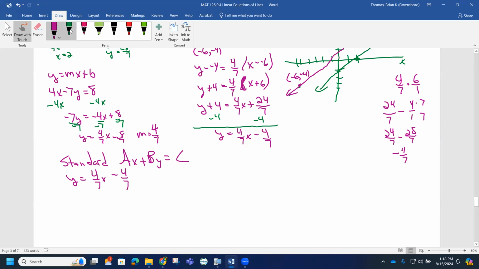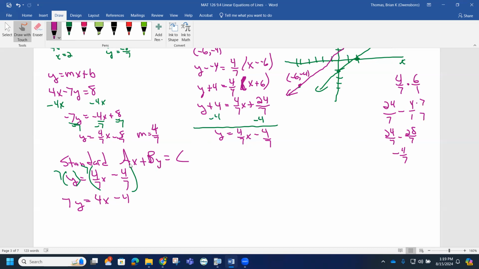So I'm allowed to use the property of equality and multiply this side by 7 as long as I multiply this side by 7. That's going to allow me to remove fractions. So this turns into 7y. When you multiply 7 through, the 7s cancel and gives you a 4x. And when you multiply the 7 through this piece over here, the 7s cancel out again, and that gives you a minus 4.